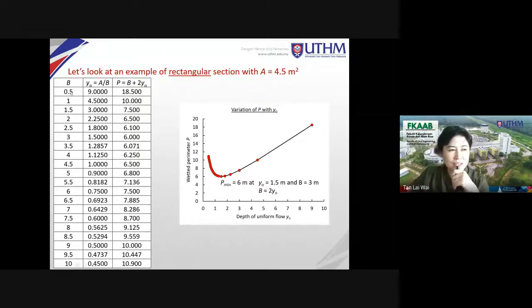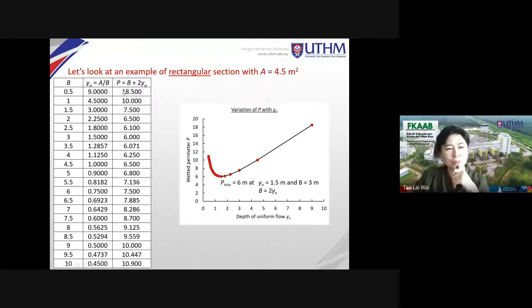I have 3 columns here with different channel widths. I increase it at intervals of 0.5 meter, in terms of meters. Now, my y is A over B. So here what I did is I plot y against wetted perimeter.